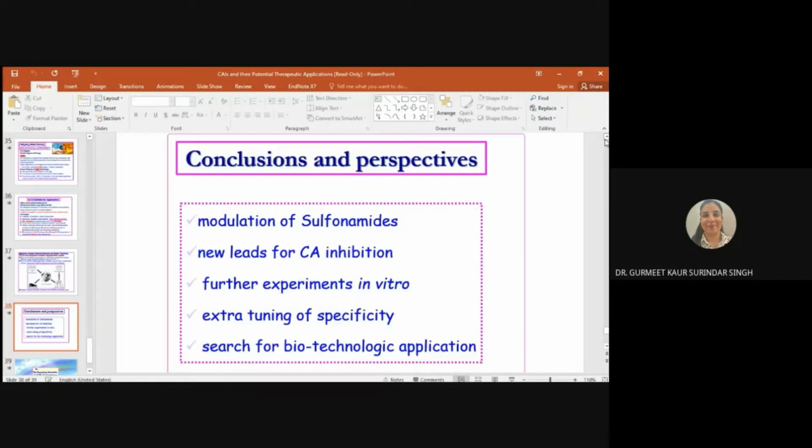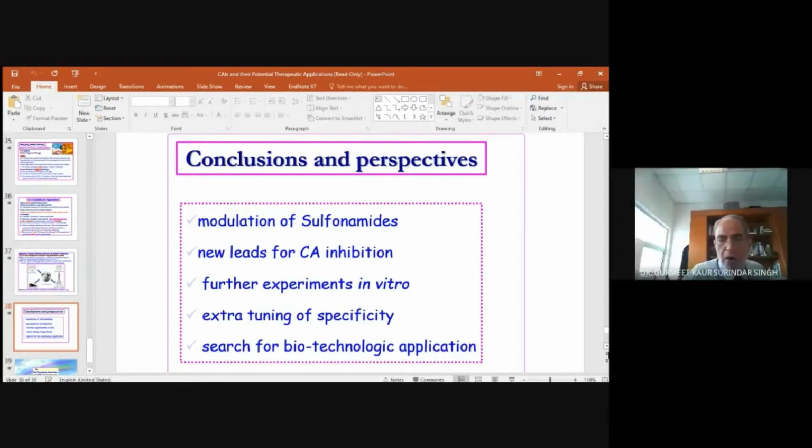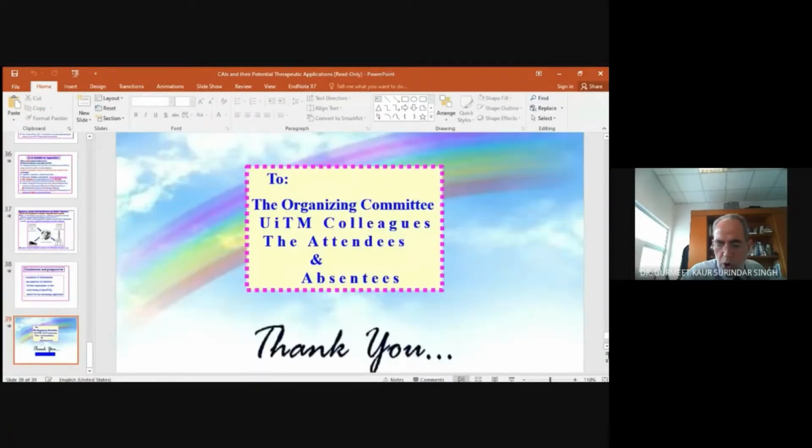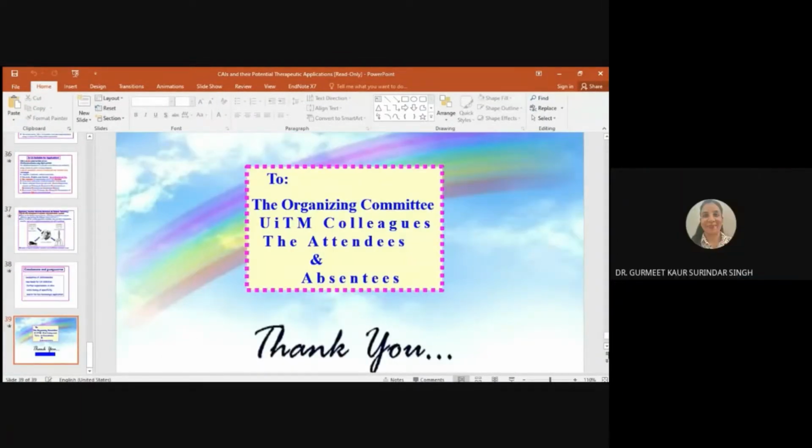And also further in vitro experiments are needed, and extra tuning for the specificity of these carbonic anhydrases, and also to find suitable biotechnological applications, or some strategies for application on global warming, for example, or against cancer or something like that.